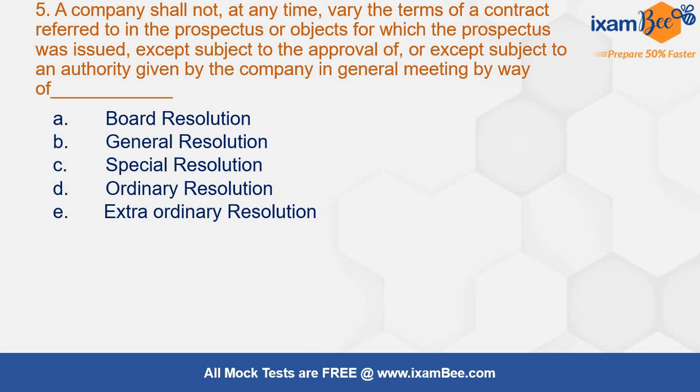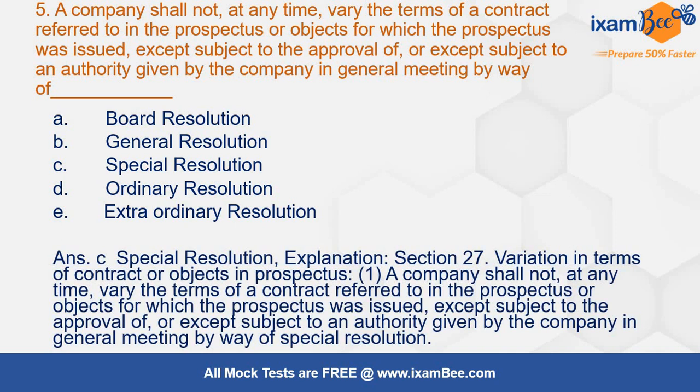A company shall not at any time vary the terms of a contract that are referred to in the prospectus or objects for which the prospectus was issued, except subject to the approval of or except subject to an authority that is given by the company in general meeting by way of which resolution they have asked. So the answer is a special resolution. Section 27 talks about variation in terms of contracts or objects in prospectus. If you want to make any changes, like you want to amend the prospectus in short, then you have to pass a special resolution for that.